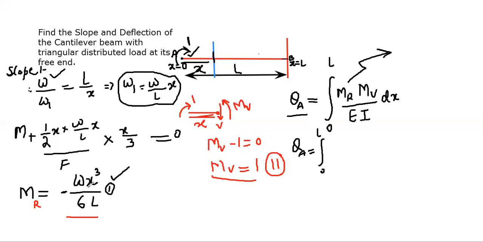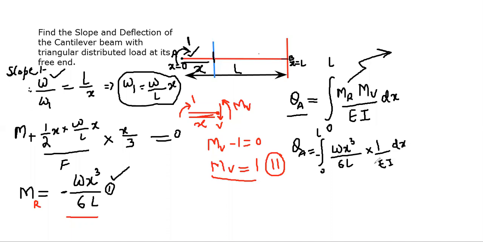the real bending moment, which is minus w x cube by 6L. We'll write this as w x cube divided by 6 times L, but this is minus, we'll take this minus out. Okay, multiplied by the virtual moment, which is 1, and you have your EI, and this is dx.